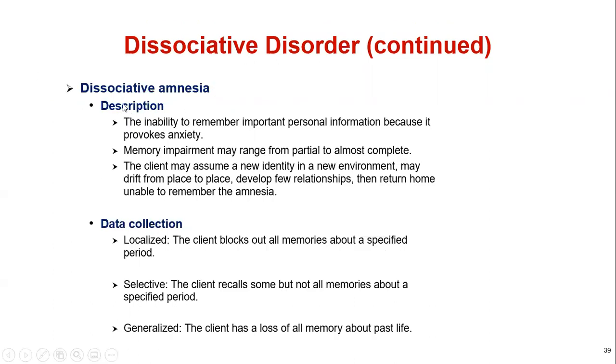Next, dissociative amnesia. As I told you, the individual has difficulty remembering key information about themselves, an inability to remember important personal information, because it provokes anxiety. Memory impairment may range from partial to almost complete.